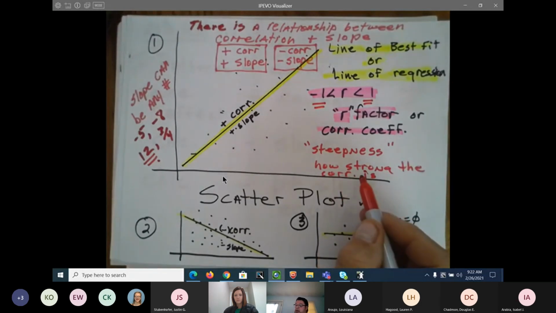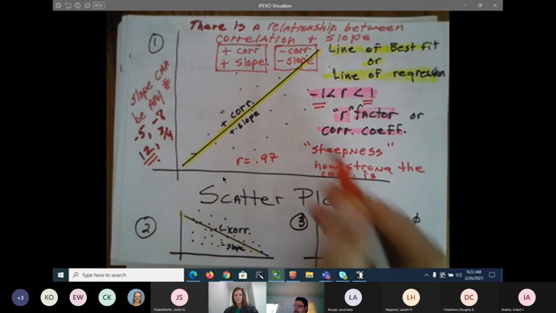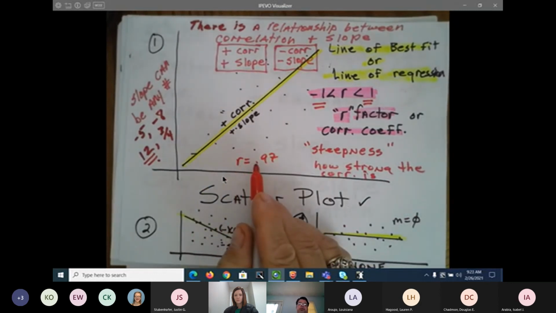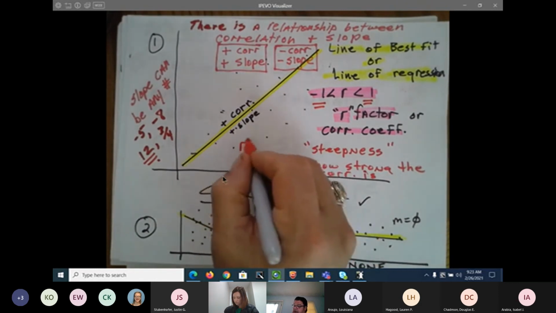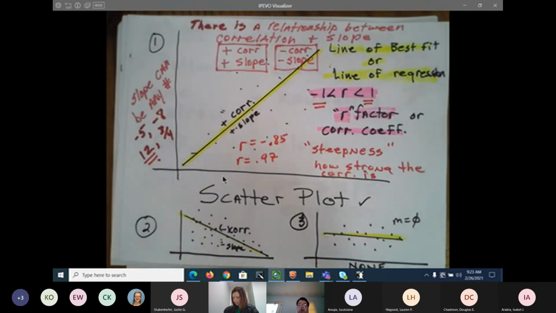So if I have R is equal to 0.97, that is a strong positive correlation. But if I have R is equal to -0.85, that is a strong negative correlation.